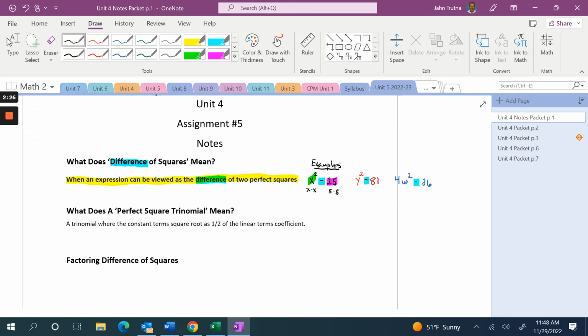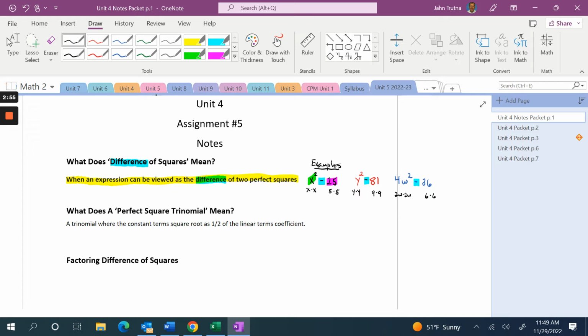So if you look over here at y squared minus 81, y squared results from y times y. 81 is the result of 9 times 9. If we went to 4w squared minus 36, 4w squared is the result of multiplying 2w with itself. And 36 is the result of multiplying 6 with itself.